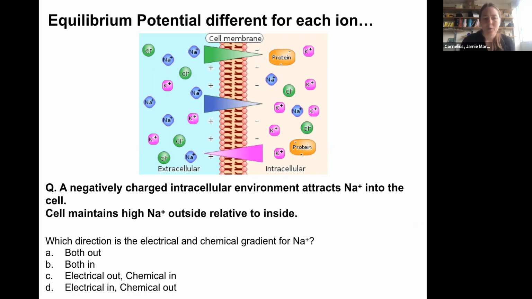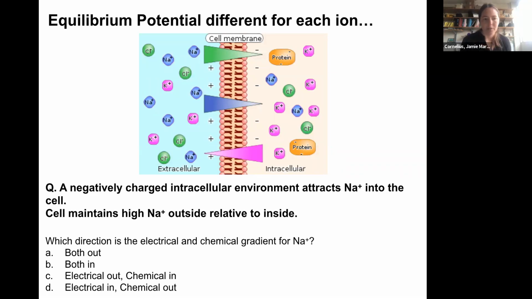But the cell does work to maintain higher sodium outside of the cell relative to the inside of the cell. So take a minute, push pause, and think about which direction the electrical and the chemical gradients for sodium are. I'll give you a second to push pause.